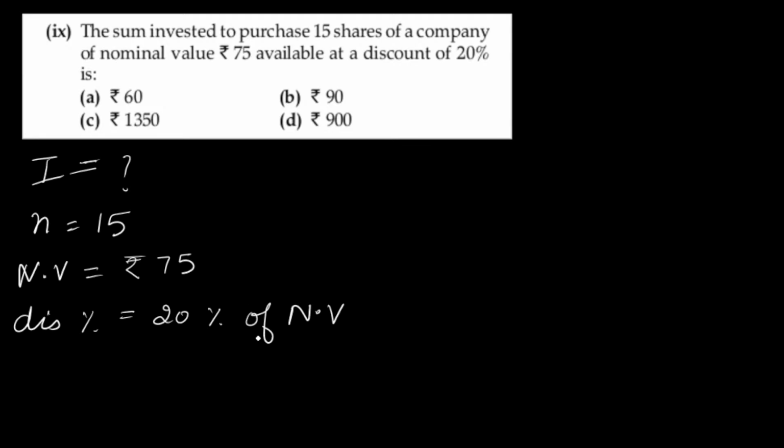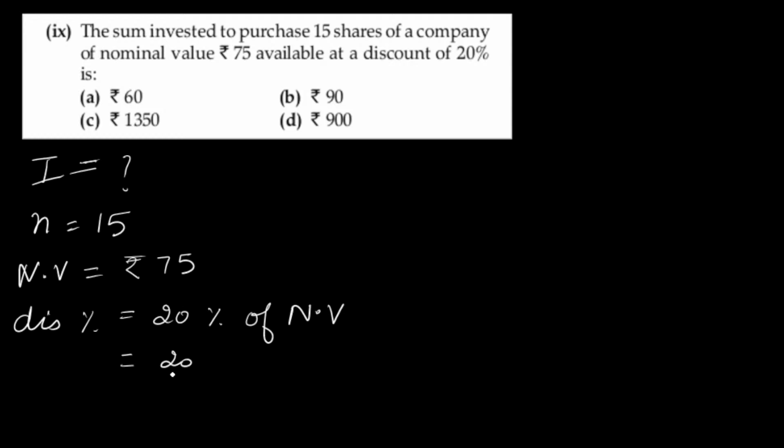Premium means profit. Because we know the discount, we can subtract it from the nominal value to find the market value. For that, first of all we need the discount, and the discount percentage is given to us.